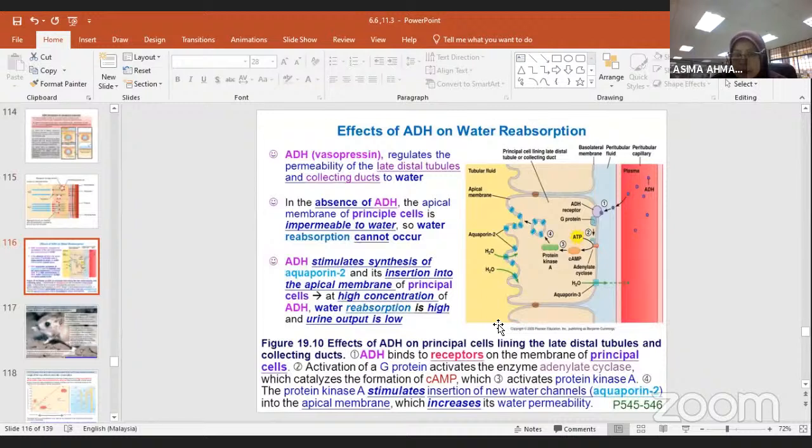The blood goes out through the efferent arteriole, which is smaller in diameter, creating high pressure in the glomerulus, causing the small molecules to be filtered out from the blood. This is the ultrafiltration process.